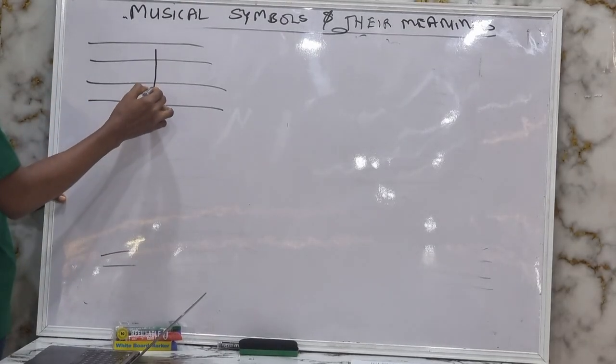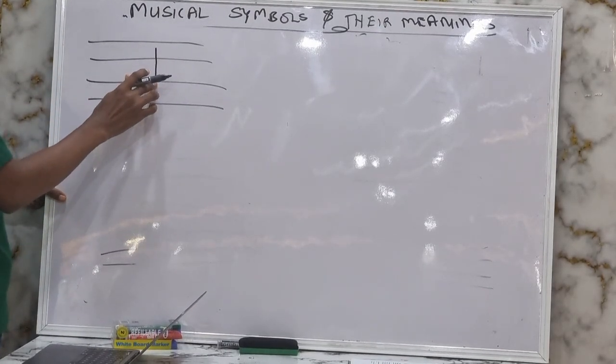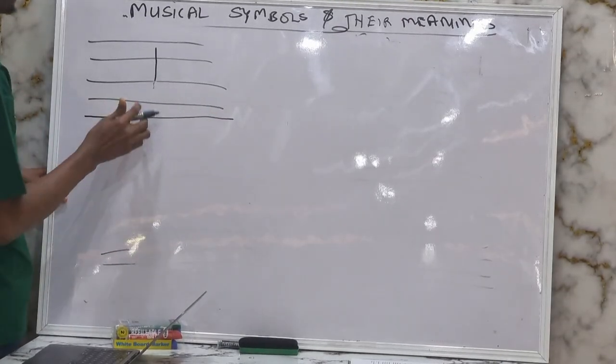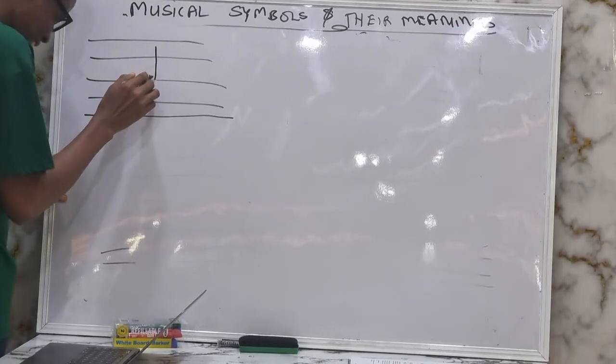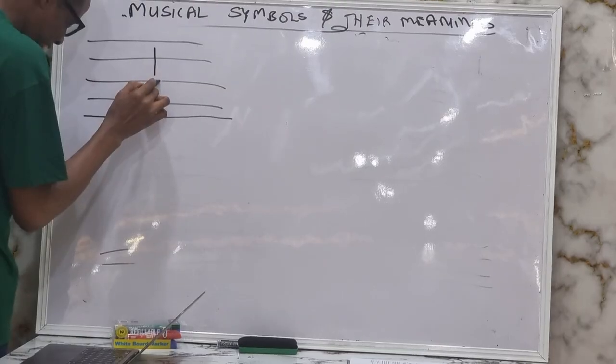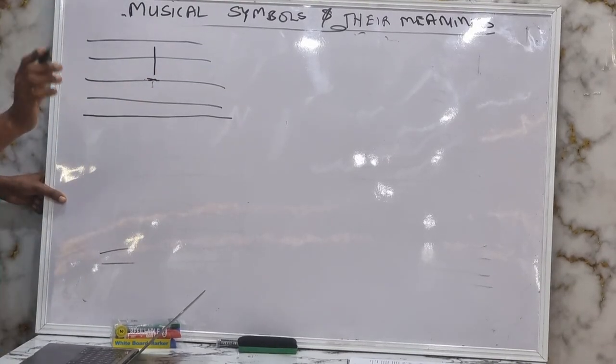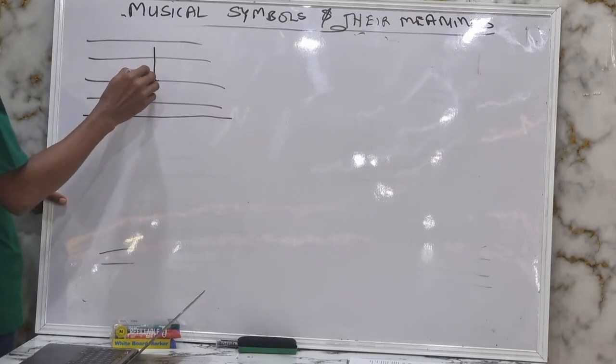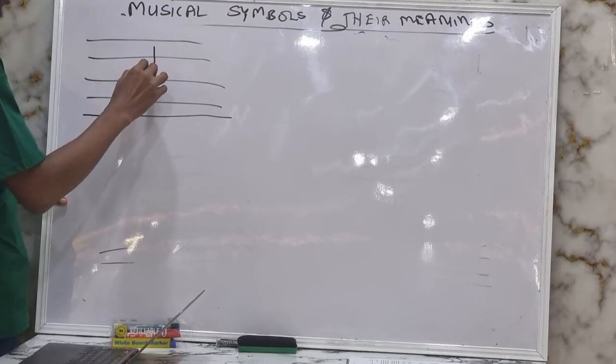You say the line is not complete? Correct, you are very right. If it's not five lines, it's not the staff. It's something else.